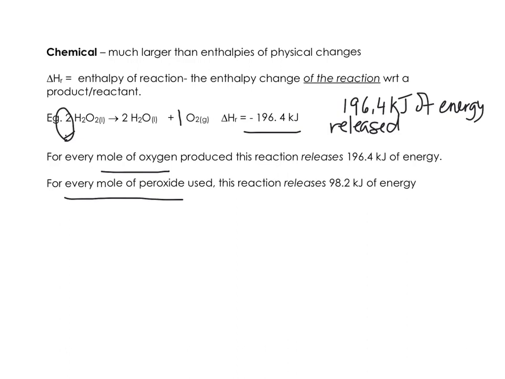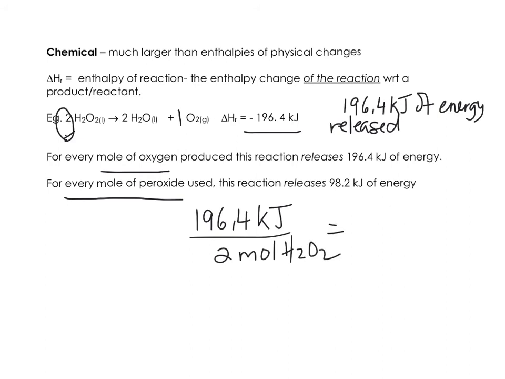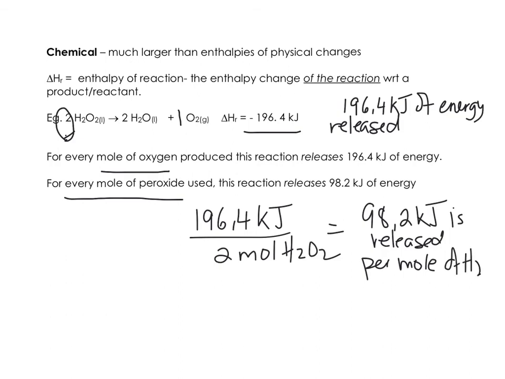So if 2 moles of hydrogen peroxide produce 196.4, and this is for every 2 moles of H2O2, then if you take those numbers and divide, 98.2 kilojoules of energy is released per mole, per 1 mole of H2O2.